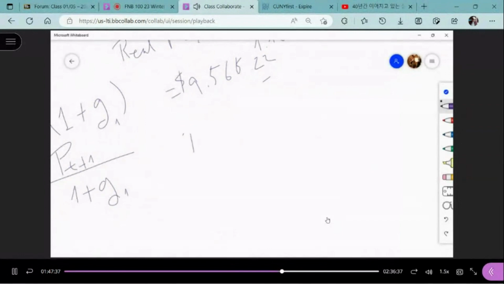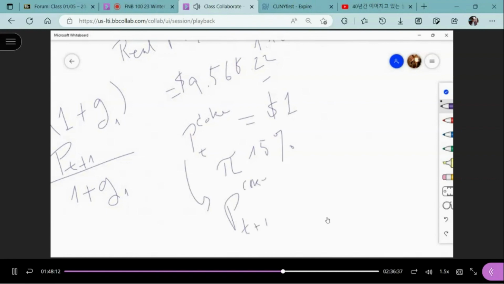A bottle of Coke, the price of Coke at time t was $1. And there has been 15% inflation, so one year later, the price at time t plus 1 is $1.15.